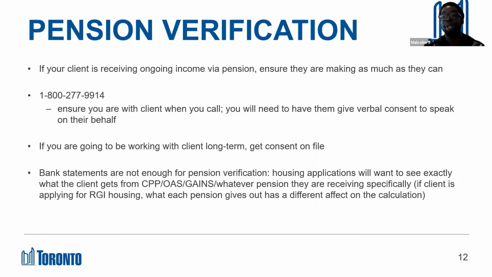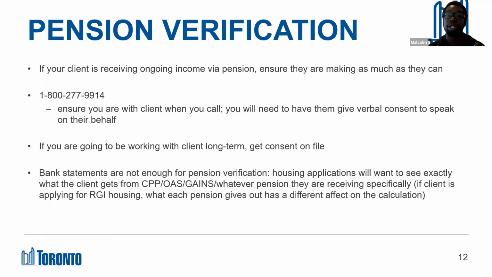So like I said, it might be best, each time you need to call Pensions Canada, to have the client with you so they can give the consent over the phone. Bank statements are not enough. A lot of times people may think that if they give a few months of bank statements with the pensions there, that would be consistent and show what they get on a monthly basis.